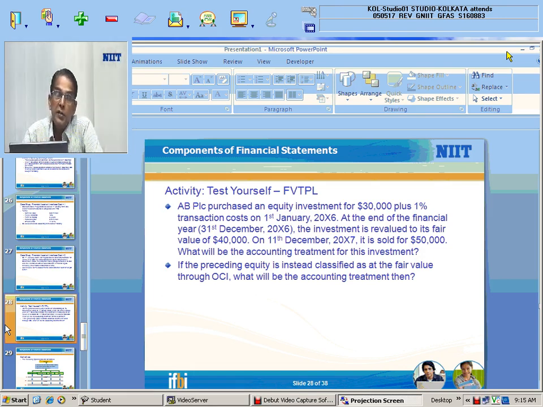The earlier two case studies we have done are basically financial assets at amortized cost. This is for a financial asset at fair value through profit and loss. We will also see, in this example, a variation as a financial asset at fair value through other comprehensive income.